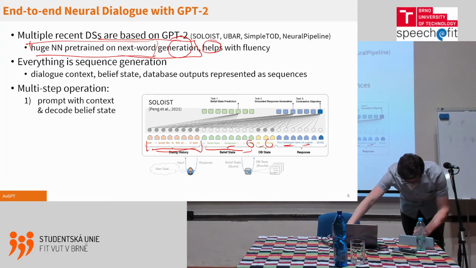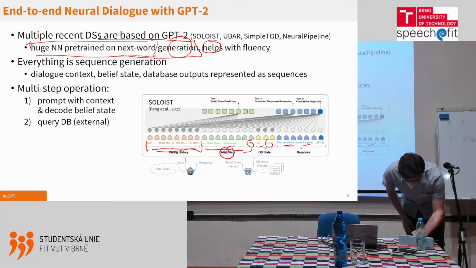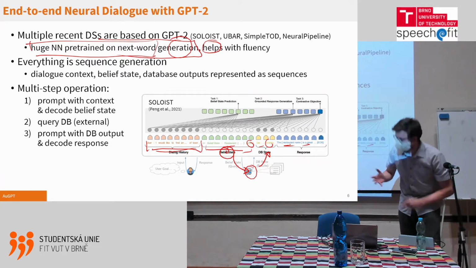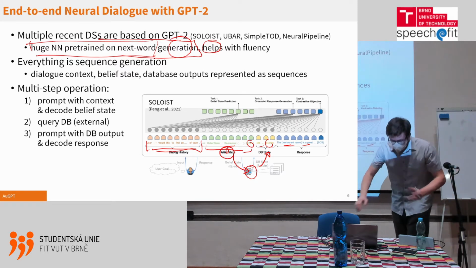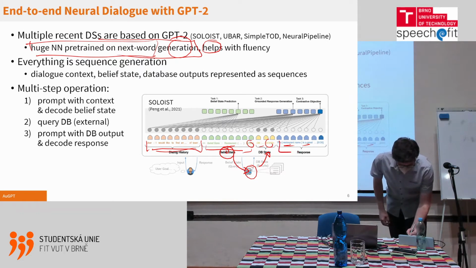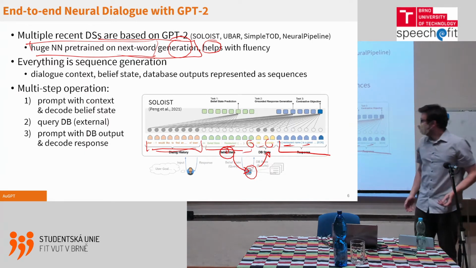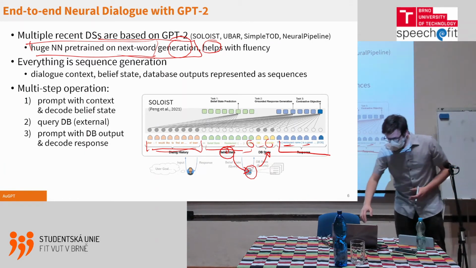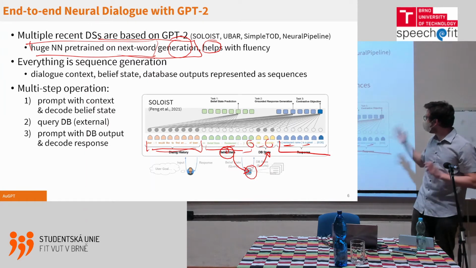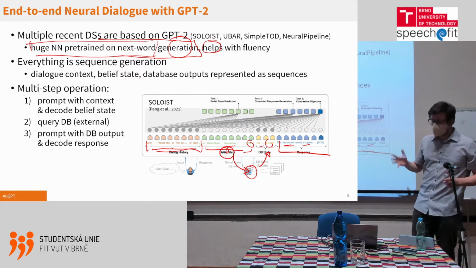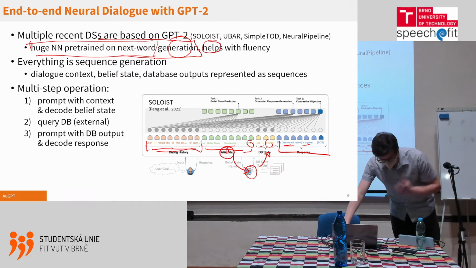The second step is that you take this belief state and you query the database, and you feed some kind of representation of the results of the database back to the network, and then you decode the response. So then you decode the actual system response. I'll show it in a bit more detail, but this is the basic principle of operation of all those systems. And this is the state of the art, I would say, today in end-to-end neural dialogues.